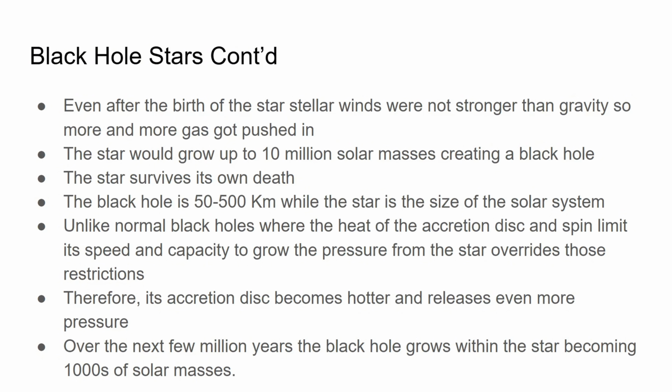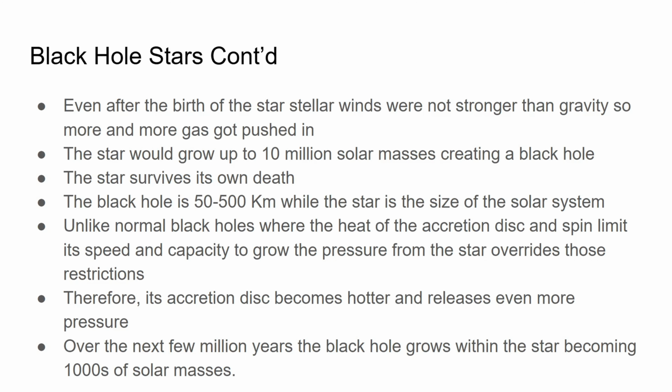Usually, when a star collapses into a black hole, that's its death. But since this star was so big and so massive, it would actually survive this process. So now there's a black hole only 50 to 500 kilometers wide inside this supermassive star that's the size of a solar system.